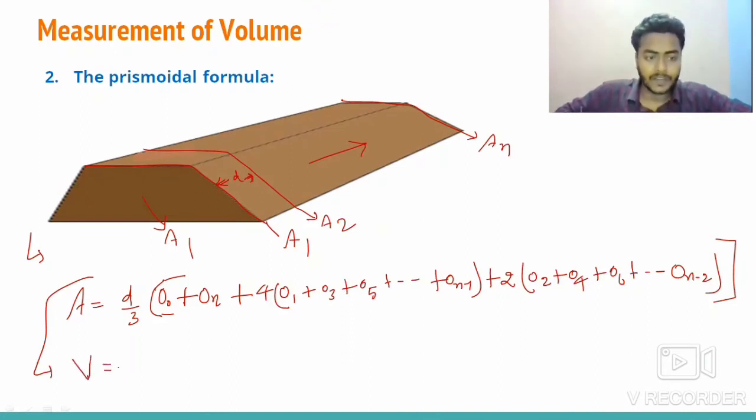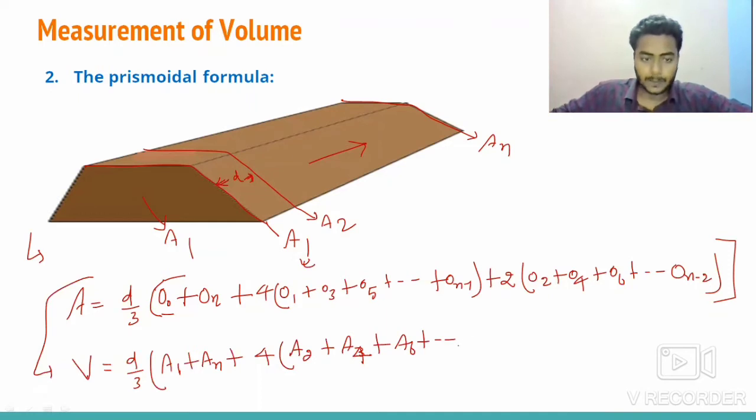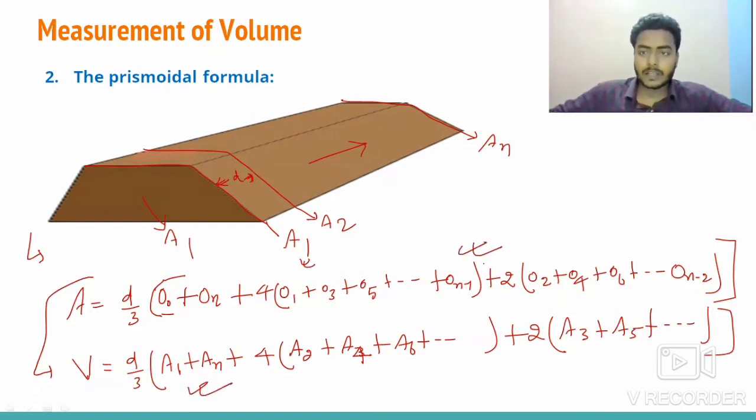So V equals D by 3, where D is the distance between two consecutive cross-section areas, into A1, the first reading, plus the last reading AN, plus 4 into A2 plus A4, A6, and so on, plus 2 into A3, A5, and so on.